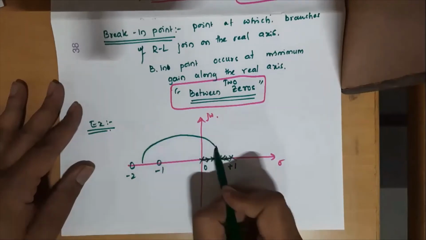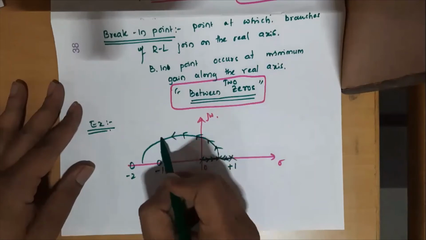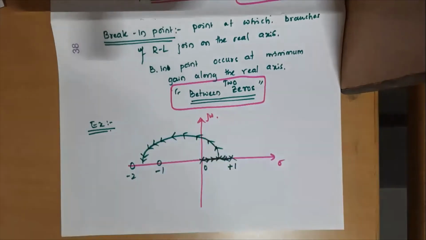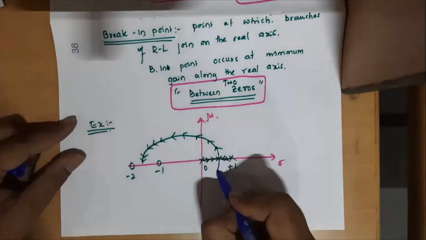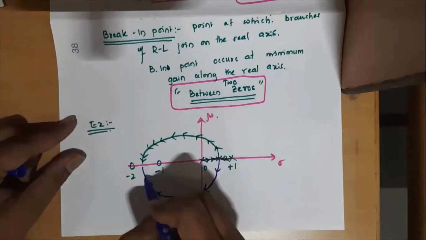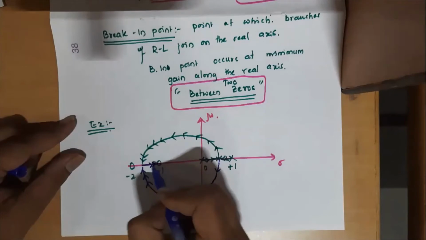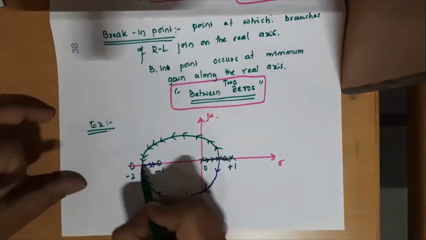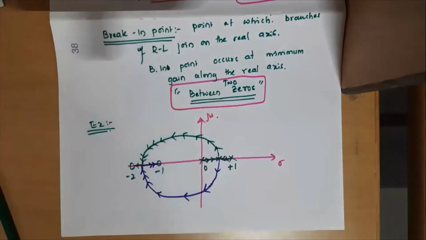One branch starts from one pole and moves like this as gain increases, and another branch from the other pole starts like this and moves as shown with increase in k. This is the actual root locus for this example. Is it conditionally stable, unstable, or stable? Any comments?